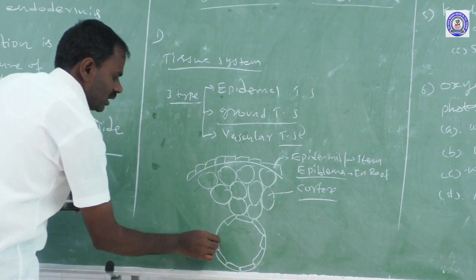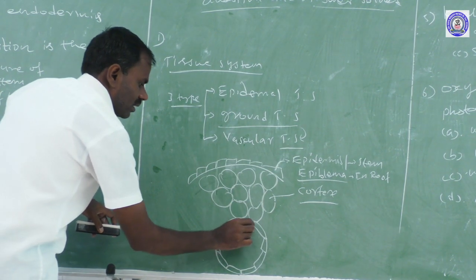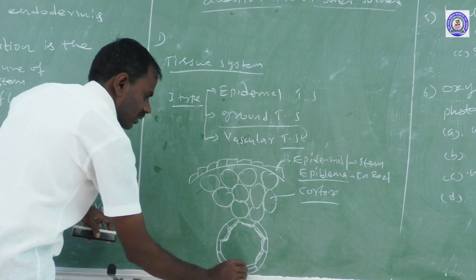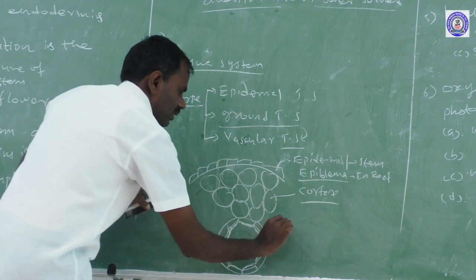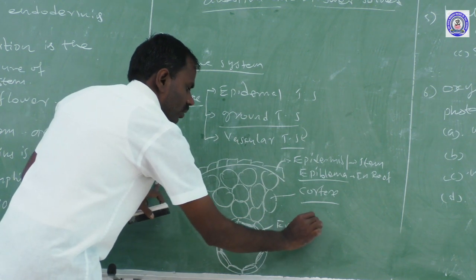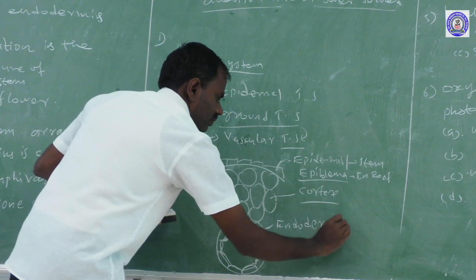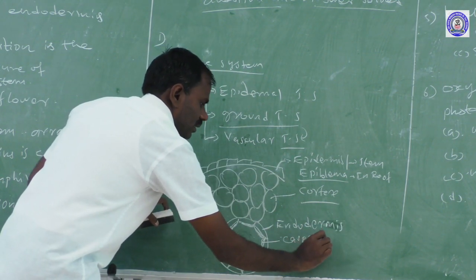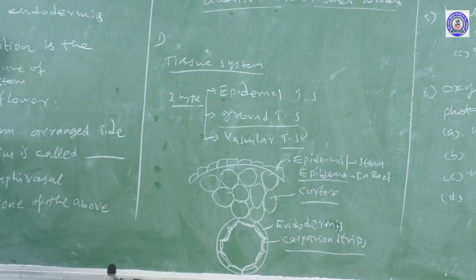The endodermis, the innermost layer, is made up of a thick layer that is called the Casparian strips.